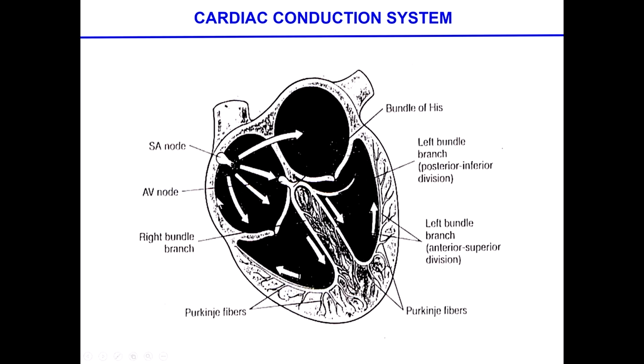So the first wave of contraction happens at the top and the bottom part later, and the separation between the different cavities, as you guys know, doesn't allow for the mixing of the oxygenated blood and the deoxygenated blood. Questions? The idea is mainly to show you the location of this specialized conduction system.